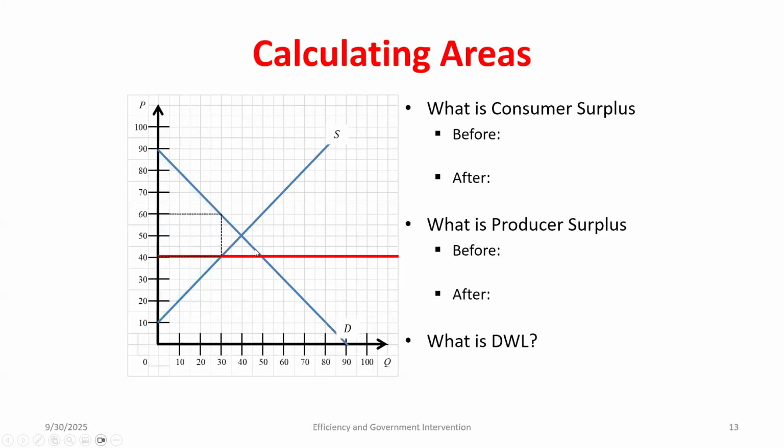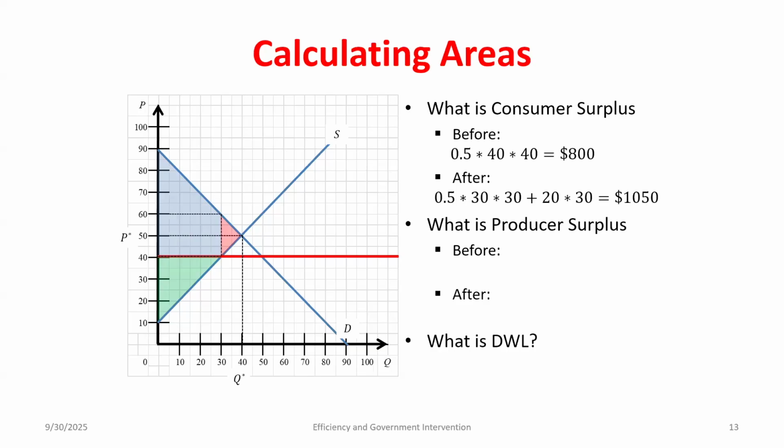Why did I say that wrong? The equilibrium price is 50, but it goes up to 90, not 100. So what's the height of this triangle? It goes from 50 to 90, so 40, times the new quantity of 40, times a half, which gives me that 800. And then after we added the area of that triangle to the area of that rectangle, we saw that consumer surplus went up. Okay.